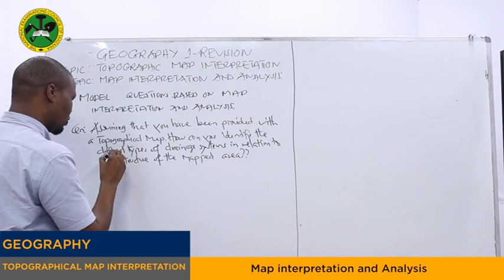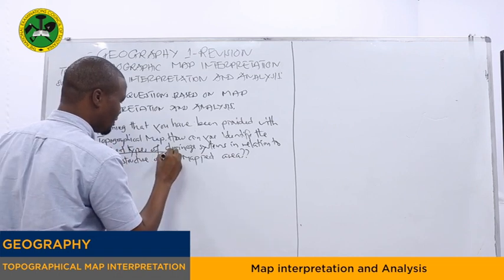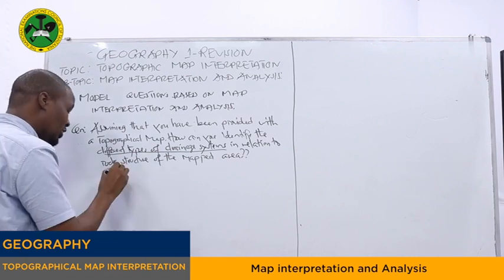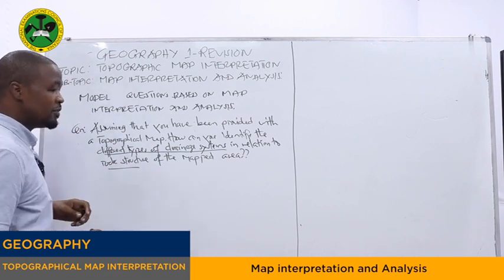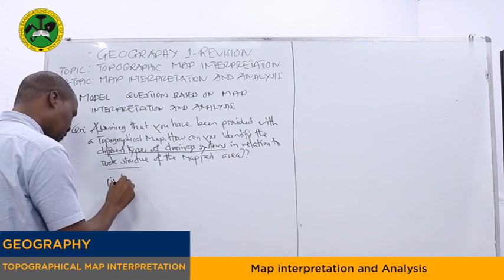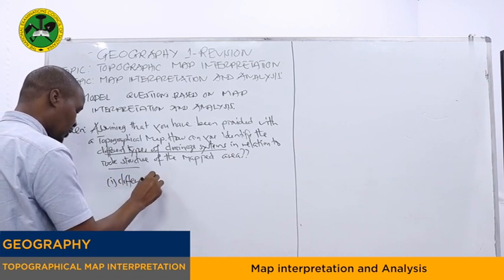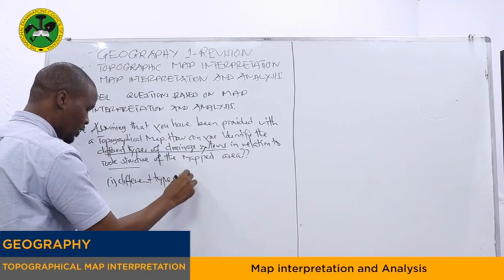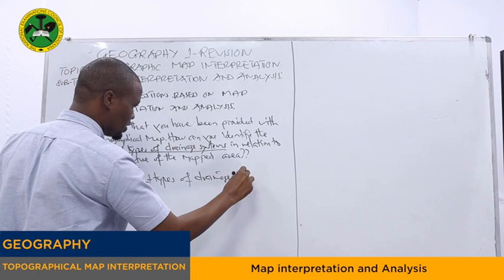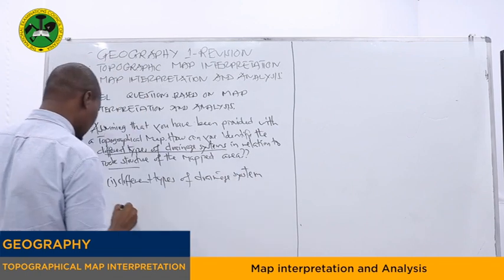It means the question needs us to identify different types of drainage system, but in relation to rock structure of the mapped area. So first it needs us to explain different types of drainage system. That is the first need of the question.